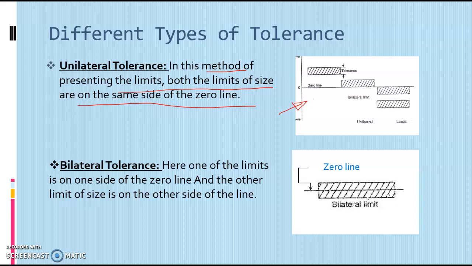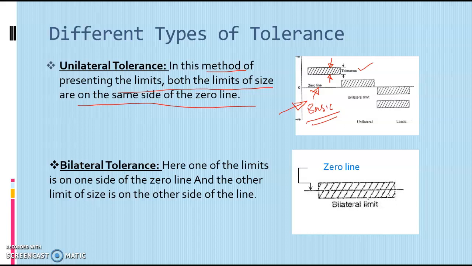This line is the zero line, which represents the basic size. In tolerance it is now a band-like thing, where the lower portion of the band is the lower limit and the upper portion of the band is the upper limit of size, and the bandwidth in between represents the tolerance.